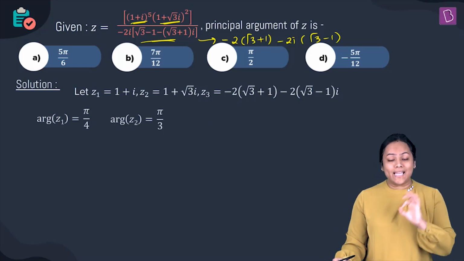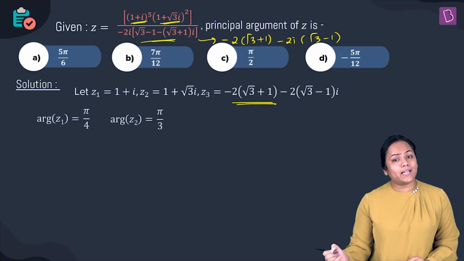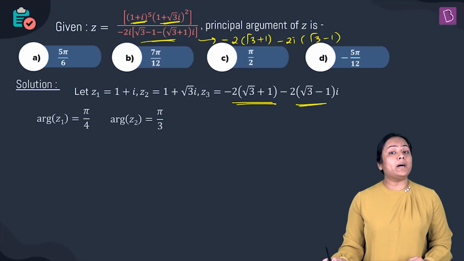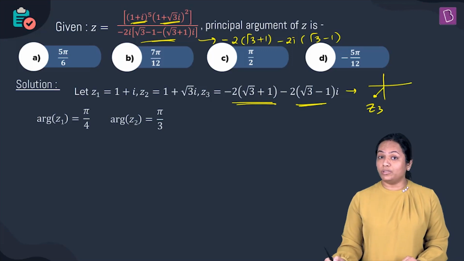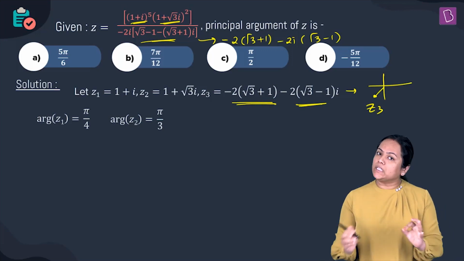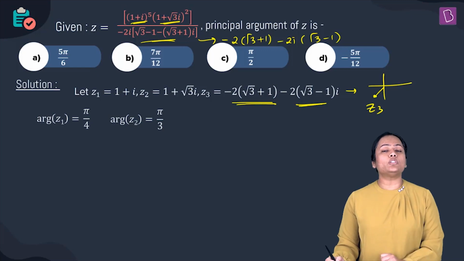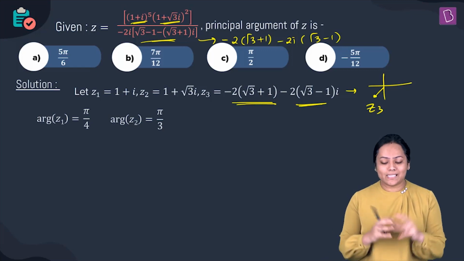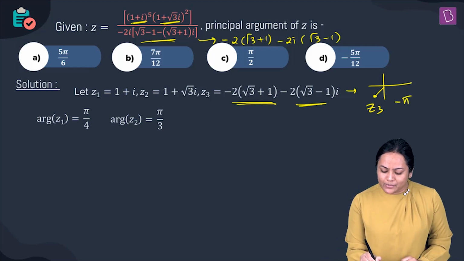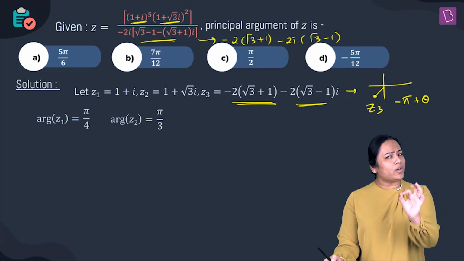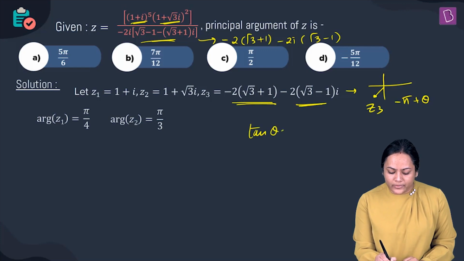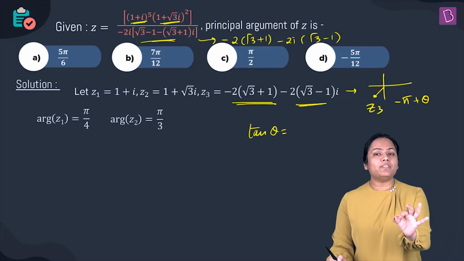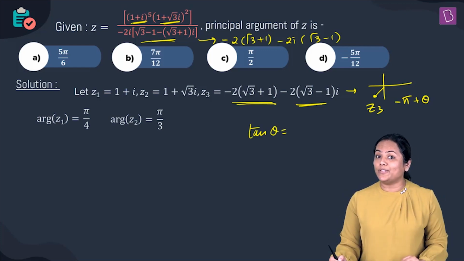Coming to z3, well, its real part is negative as well as its imaginary part is also negative. That means this complex number z3 will lie in the third quadrant. And in the third quadrant, what do we write the argument as? Well, that value can be written as minus pi plus theta. And what is theta? Well, theta is defined by the value of tan theta, which is equal to the positive value of y divided by the negative value of x.